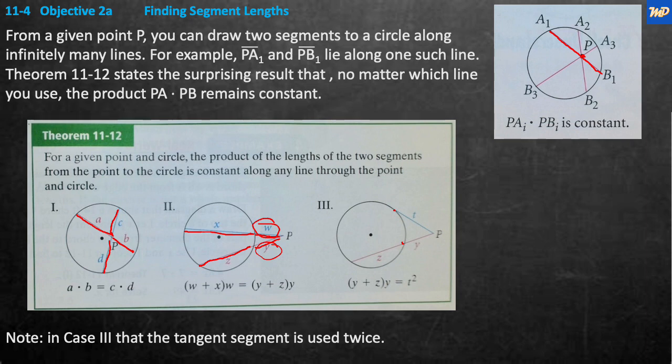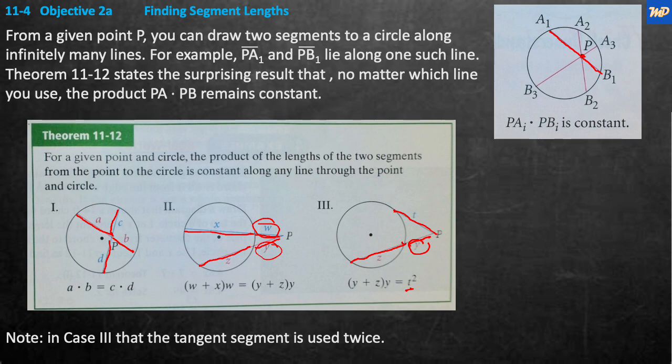So if that's the case, you get Y plus Z on this side, and here's Y and Z, and you multiply the quantity of that times Y, and they'll be equal to the distance for the tangent from P to the circle squared, T squared.